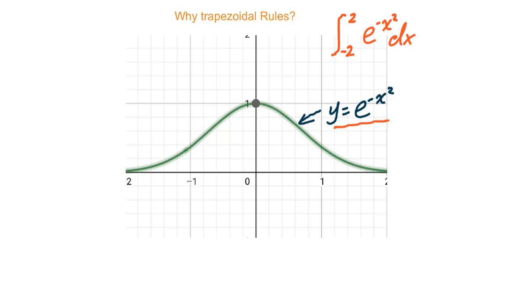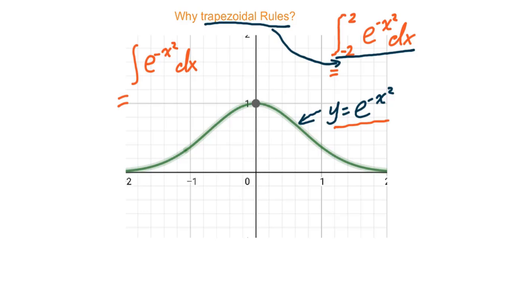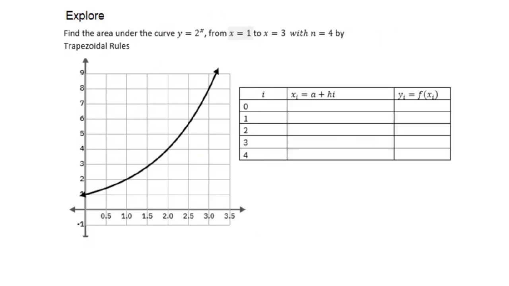There's no way to figure out the indefinite integral of e to the negative x squared dx. We cannot work this out. Therefore, for this definite integral, you will use trapezoidal rules to estimate the value. Let's explore the trapezoidal rules by doing this problem.